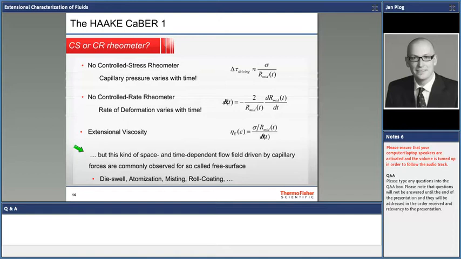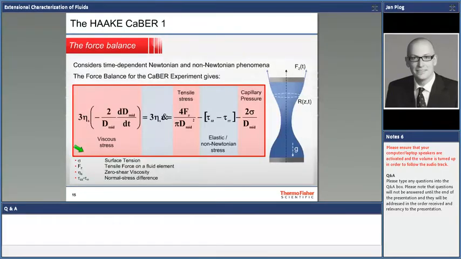However, those kinds of space and time-dependent flow fields driven by capillary forces are very, very prominent in many industrial applications, and in many industrial flow anomalies that you see, like die swell behavior, atomization, misting, roll coating, but more on that a little bit later in the practical application section.